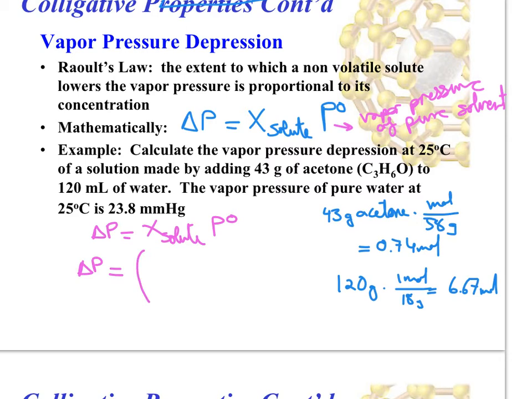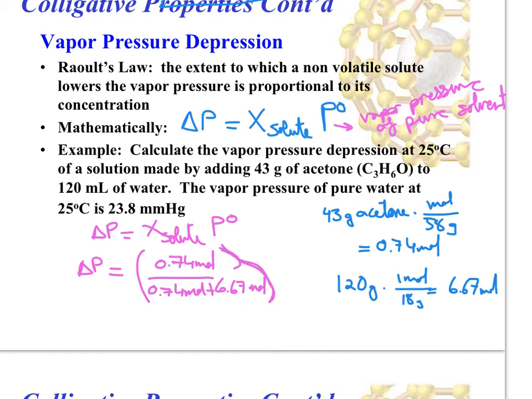So delta P is equal to the mole fraction of the solute. My solute is the acetone. So it's 0.74 moles of acetone over the total, so 0.74 plus 6.67. Sorry, my bracket's kind of weird.